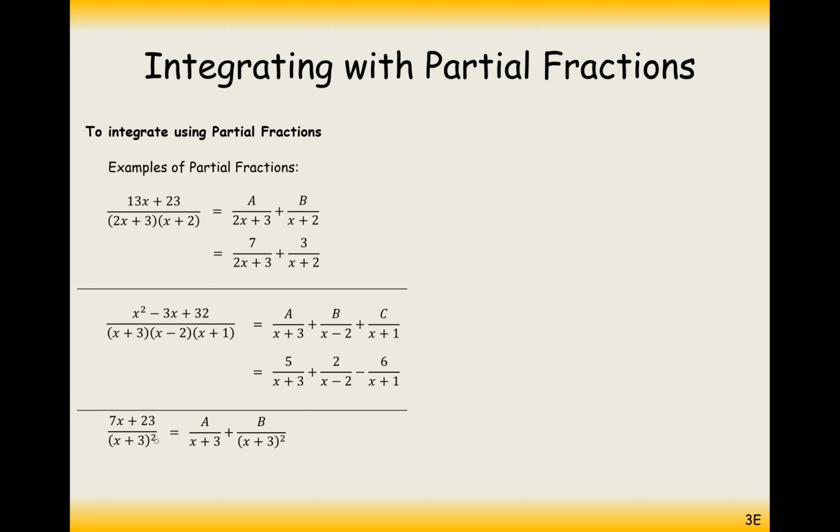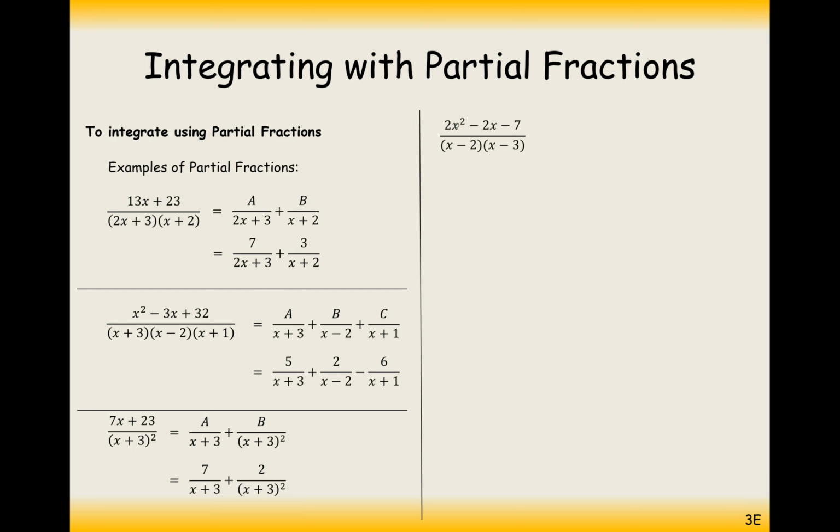So if that was a cubed, you'd have one fraction with just one power of x plus 3, one fraction with 2 powers of x plus 3, and one fraction with the third power of x plus 3 on it. So you do all of the powers going up to that power. So if you had 6, you'd have 6 fractions, one with each different power going up to 6 on it. The answer to that is this one here.